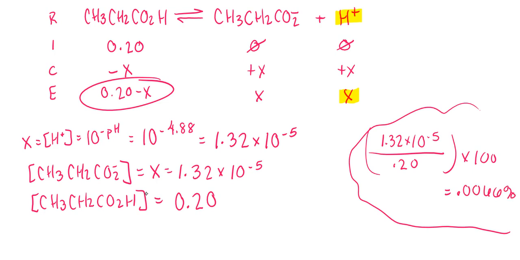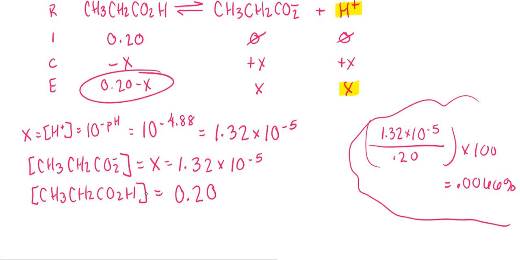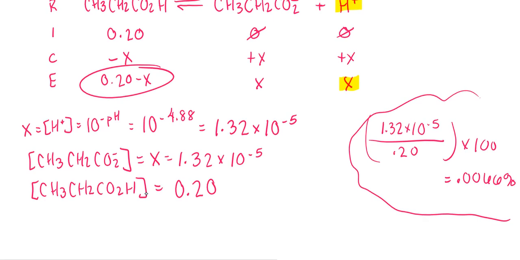Since my percent is less than 5%, we can assume that x is negligible. All right, lastly, we need to solve for Ka. Ka will be equal to products over reactants.